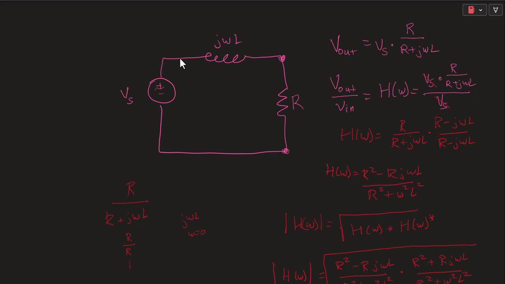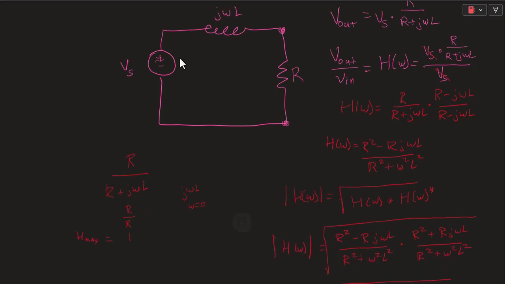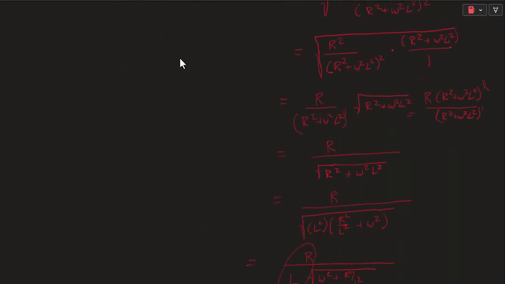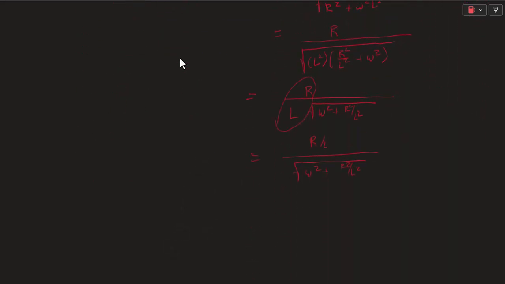But that's also going to be true for these passive filters. Your max gain is going to be 1 for most of your passive filters. So H max equals 1. So for what frequency is the magnitude of our transfer function equal to the maximum divided by the square root of 2?